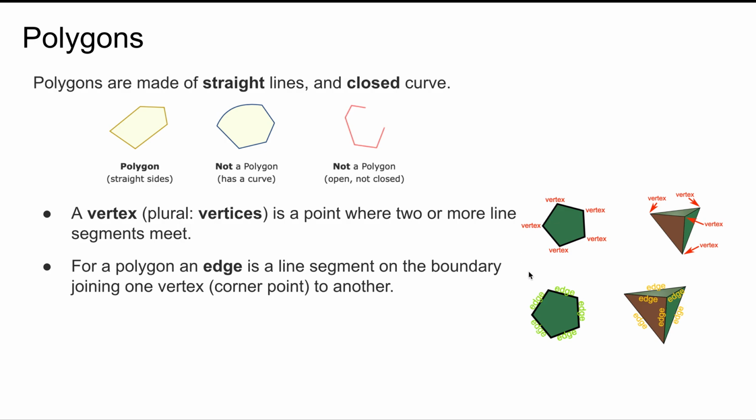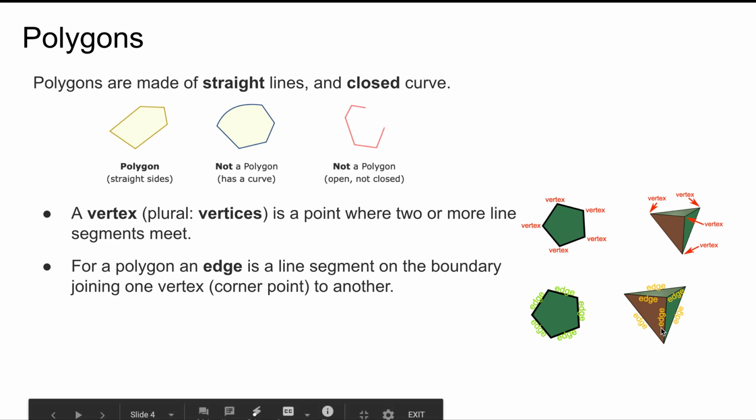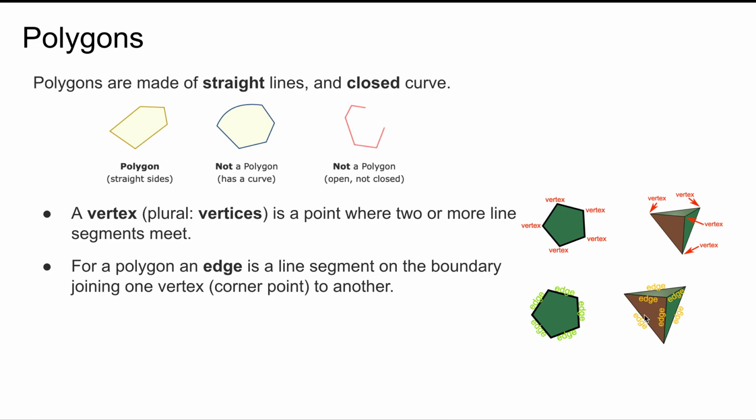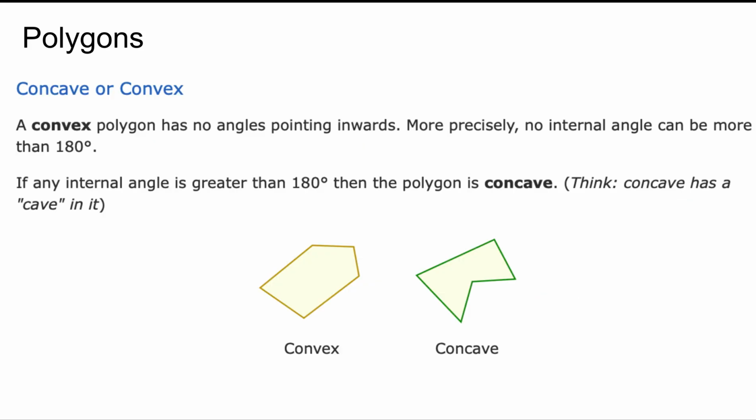I prefer to use edge rather than side, because when you think about 3-dimensional shapes, if we say this is a side, it's very similar to the side here too. We call that the base, but it's kind of confusing, so I think edge is a little bit more specific and not confusing. Okay.